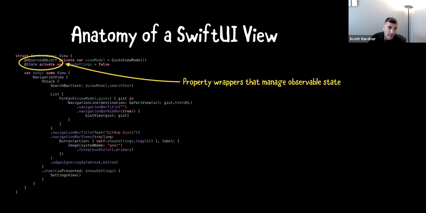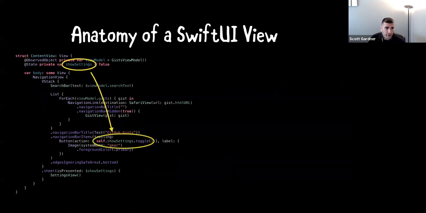and those would be updated automatically. So to take that, for example, in this code, we have this showSettings, which is a state property that we can observe, and it's set to false by default. When that button is tapped, that we see here halfway down the code, that will automatically toggle showSettings from false to true.